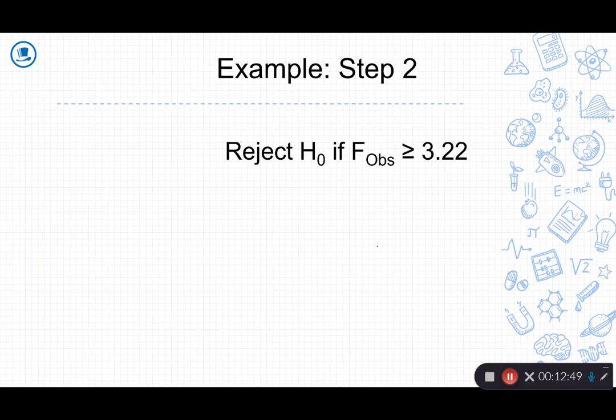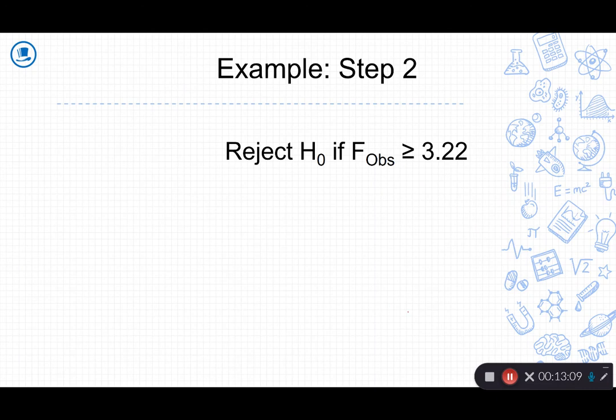All right, there it is. We're going to reject the null hypothesis if the F we observe is greater than or equal to 3.22. Always going to be greater than or equal to. What will change will be the critical value, which will change given the particular N and K for that problem.